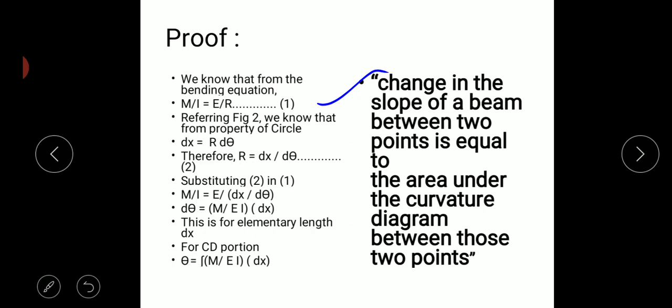For the overall beam, it will be the area of the overall M by EI diagram. Therefore, the change in slope of a beam between any two points is equal to the area under the curvature diagram between those two points. This is the validation for theorem 1.